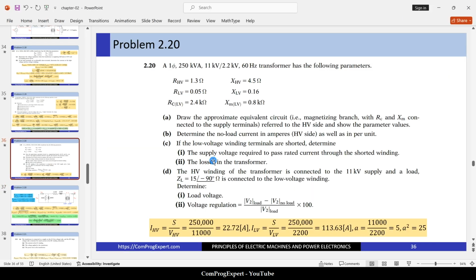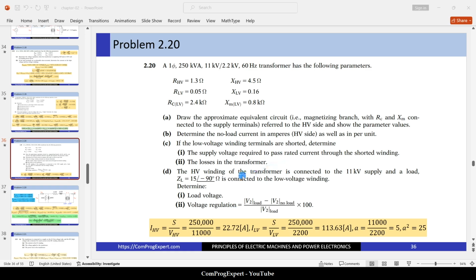And what is the next part? The high voltage winding of the transformer is connected to the 11 kilovolts supply, and a load. This is the value of the ZL, we have the amplitude and angle, connected to the low voltage winding. Determine the load voltage and the voltage regulation.